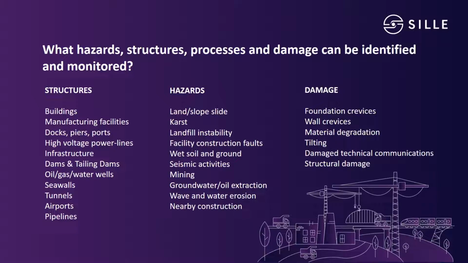After hazards, we can see the hidden movements, and damages where there are shifts over shorter or longer periods. Our clients' variety is also very large. Everybody who is interested in movements is potentially our client, but mainly engineering companies, energy companies, mining, governmental organizations, city authorities, and so on.